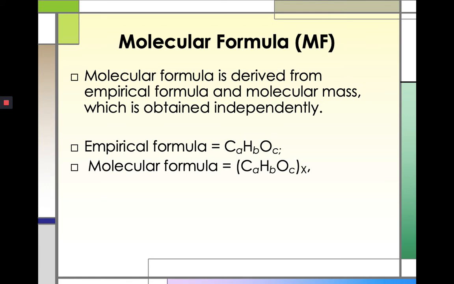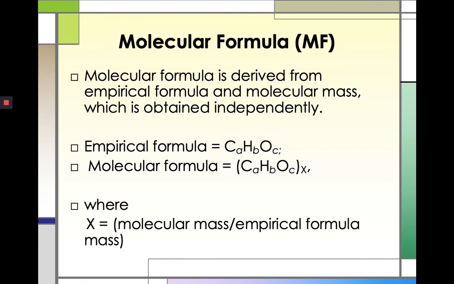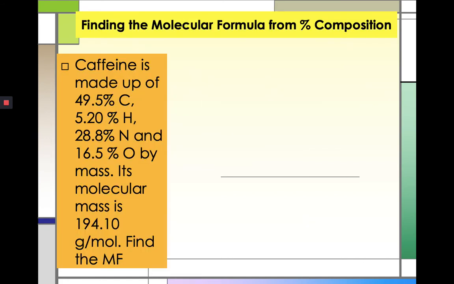Take note that the empirical formula gives us the smallest whole number ratios of the elements, while for the molecular formula, we find a multiplier, or a whole number multiple x, which is the result of dividing the molecular mass of the sample by the empirical formula mass. So a key point here is we need to attain the correct empirical formula mass given the percentage composition.